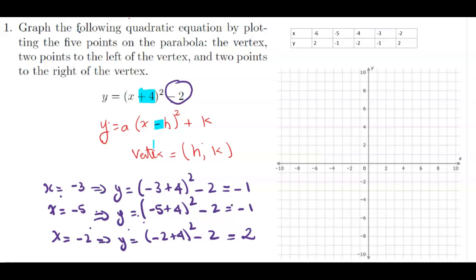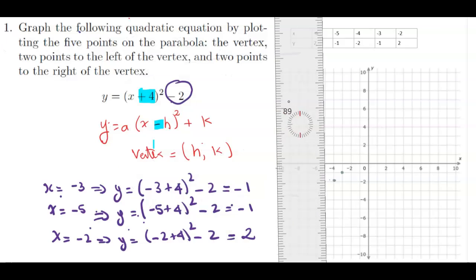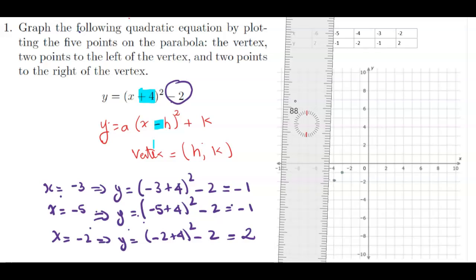The remaining is just placing the points. Minus 4 and minus 2 would be somewhere here, that's the vertex. Minus 3 and minus 1 would be somewhere here, that's the next point. The other one can be symmetrical to this axis.